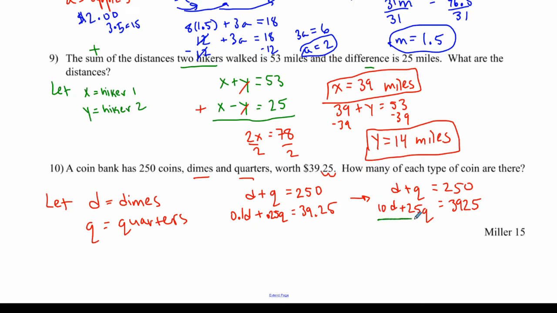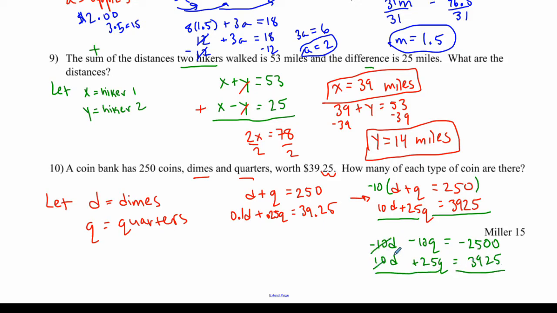Okay, let's do elimination here. So what would I multiply? I'm going to multiply the top by negative 10. That'll get rid of the dimes. So we have negative 10D minus 10Q equals negative 2,500 plus 10D plus 25Q, which is 3,925.